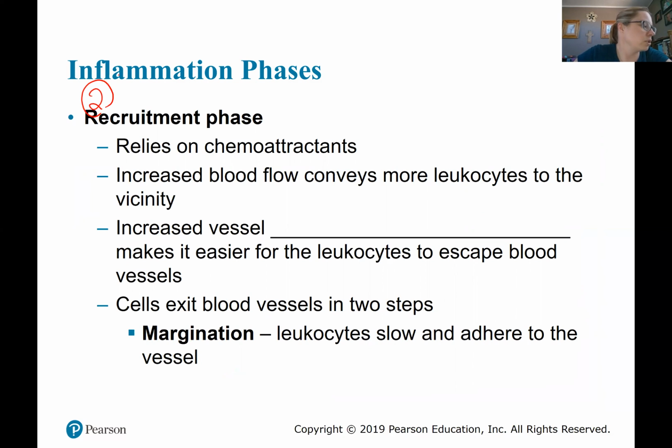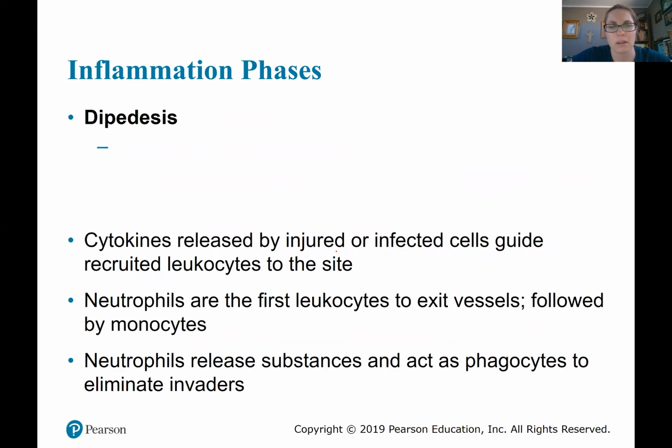And phase 2 is going to see the effects of that increased blood flow to get more leukocytes into that area. There's also going to be chemical messages recruiting those leukocytes. And that increased vessel permeability, or the leakiness of that vessel, is going to make it easier for leukocytes to squeeze out of that vessel and get into the tissue area.